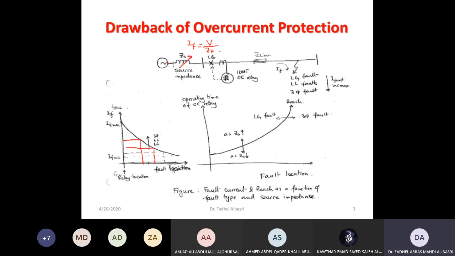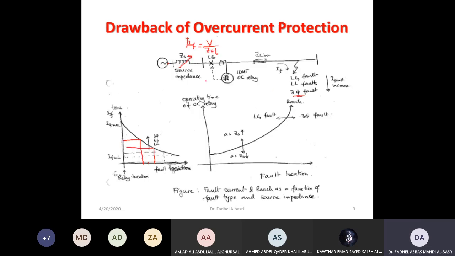So as Z source decreases, I fault will increase, even if the fault is at the same location. As a result, even for the same three-phase fault at the same location, when the Z source changes, the operating time changes. So this is one problem of overcurrent relay: the time is not fixed, it varies as system parameters change, or fault location or type changes.